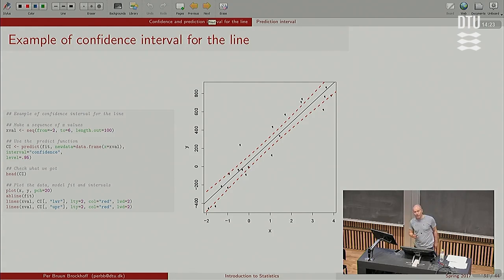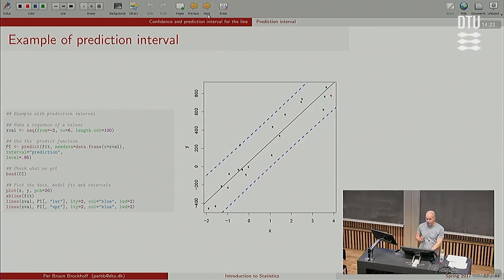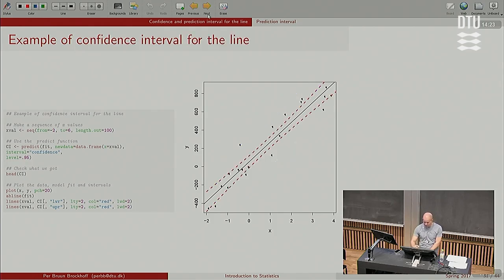You can cut and paste to see how to actually put in the lines in your function, in your plots when using R. I'm not going to do the sort of R course here, but here is an example of a confidence interval, and here is similarly the prediction interval in the same case. What is done here is I take all possible x values and then I compute the confidence interval, and similarly for the prediction interval.